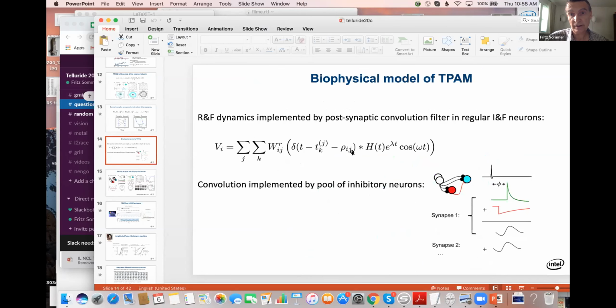You still have a postsynaptic potential, which is elicited by each spike, that needs to wiggle with the cosine, and then you can implement that approximately with pools of inhibitory neurons. That is approximate, but it's the more straightforward biophysical interpretation of this entire thing. And then basically all the complex numbers are gone. Does this answer the question?